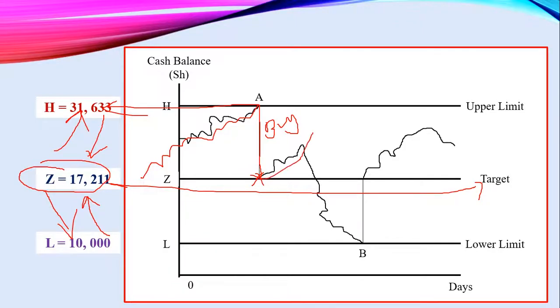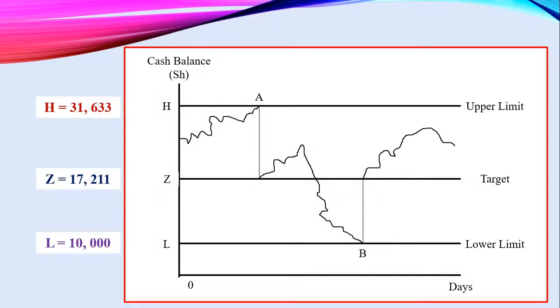Then if this amount decreases to point B, which is the lower limit, they are supposed to sell some marketable securities so that they can get back to this original point. That is basically how you apply the Miller-Orr model in managing cash.